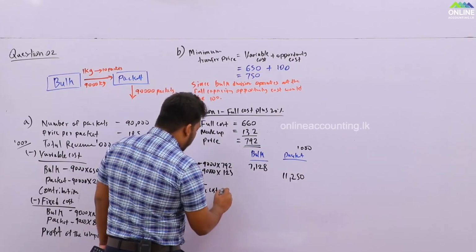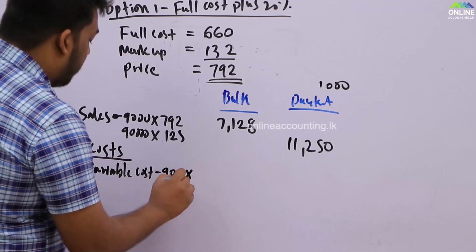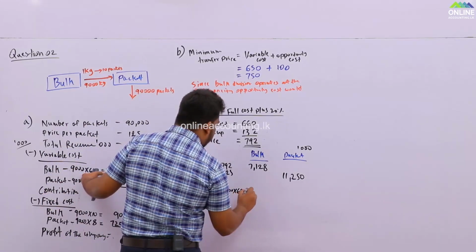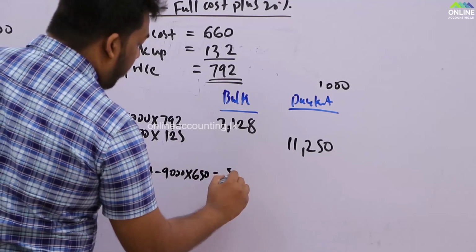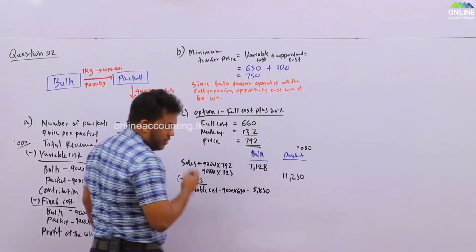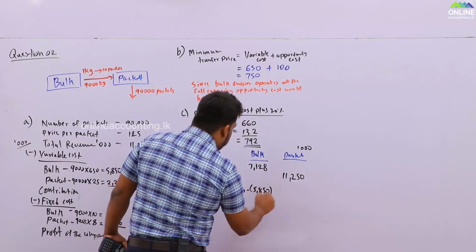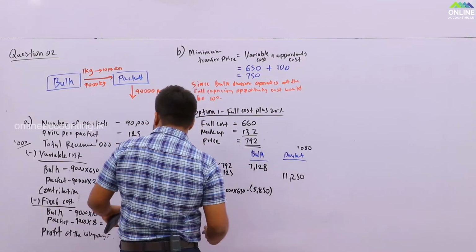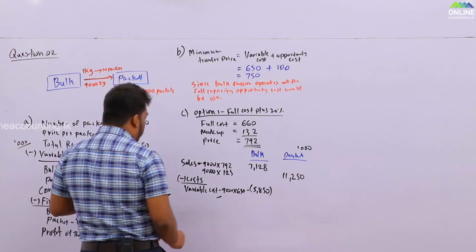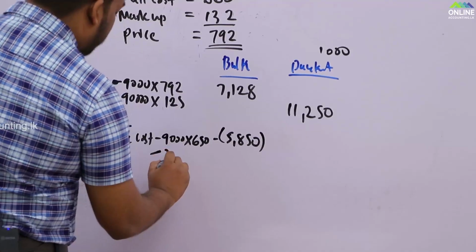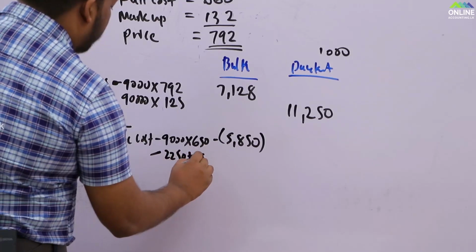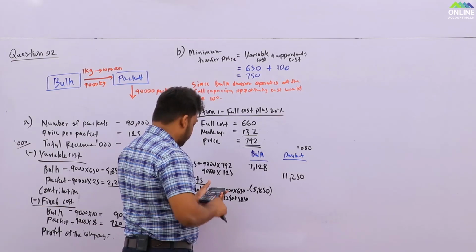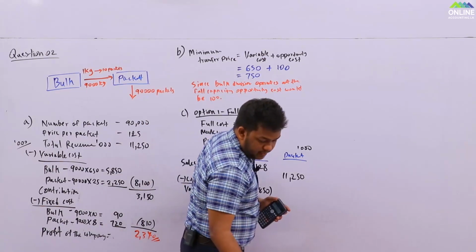Bulk is 9,000 into the same 650, which is 5850. And for packet, that is 2250 plus this one, 2250 plus 5850, 8,100.